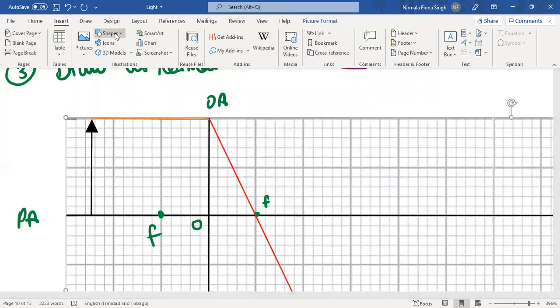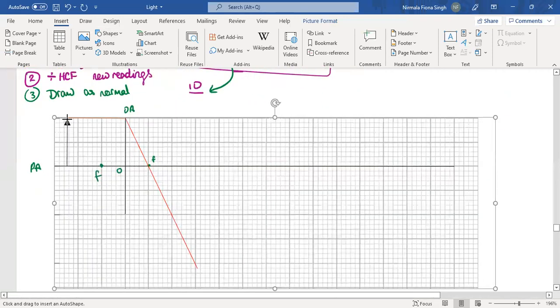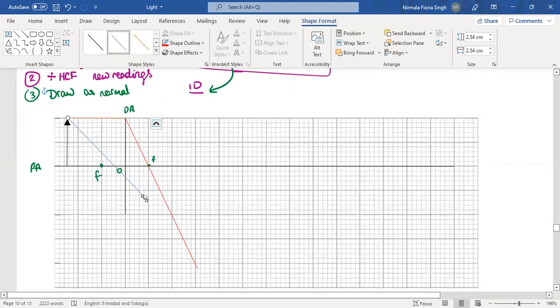Second line, what's the second line? We start from the very top of our object through our optical center, and we draw it down as far as we can. So let me just zoom back out because it's hard to see from so close. So from the top, we pass through our optical center, and we're going to get our image happening.